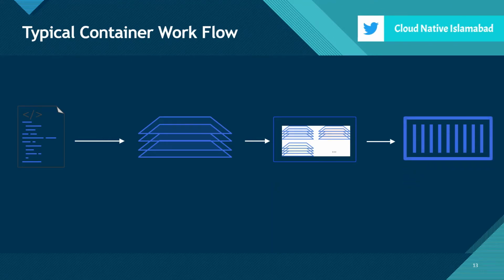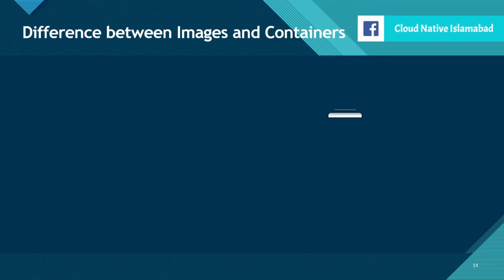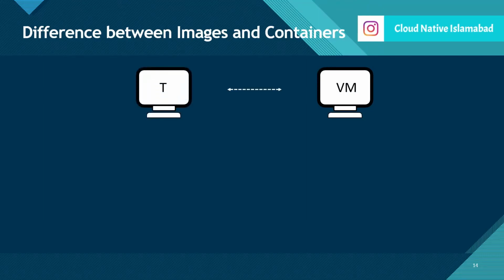So what is the difference between an image and a container? In the VM world, we have a virtual machine and its template. A virtual machine is the running form, and a template is the stored form of it.